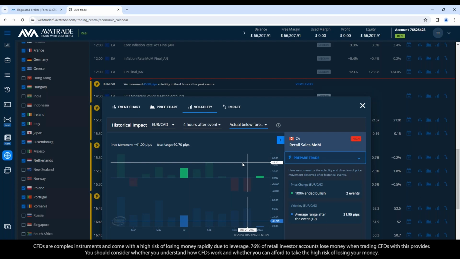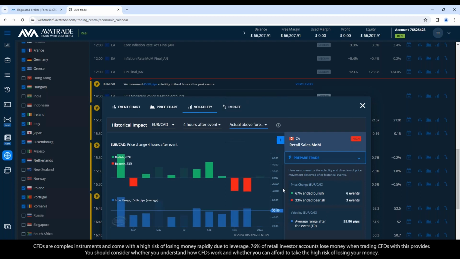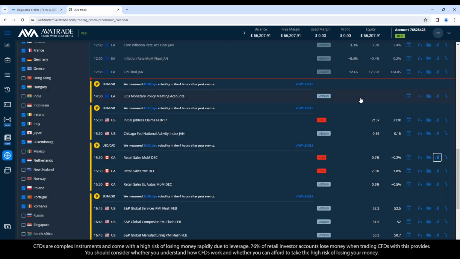Retail sales below forecast kind of means bad news for the Canadian economy. So it would make sense the Canadian might weaken against the euro. And in this case, 2 out of 2 times that happened, 100% of the time. If it came in above forecast, it was still going up, but 2/3 of the time. You can make what you will of that data, but there it is.